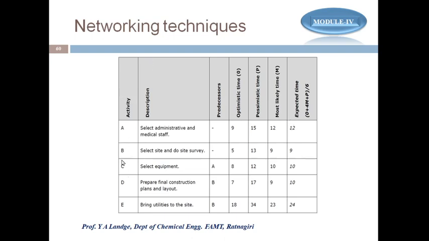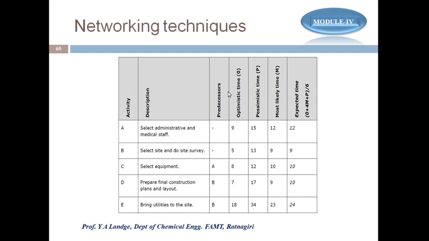For each activity we have to calculate the expected time. Once we calculate it for each activity, for B it is 9, for D it is 10, for E it is 24, and so on.